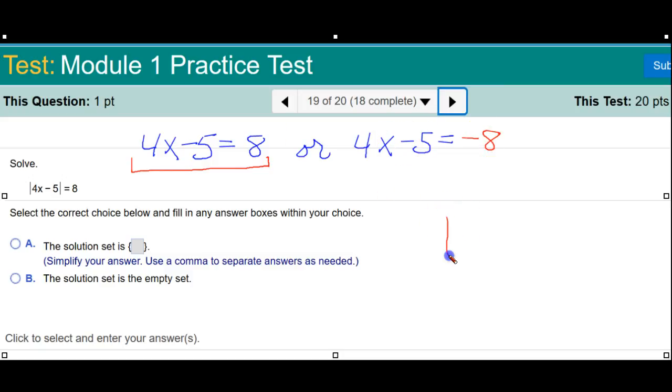And the tricky part is if you had something like this, absolute value of 4x minus 5 equals initially a negative 8. There is no solution for that if initially with the absolute signs there's a negative 8 there. So that would be an empty set. But that's not what we have here. So you're just going to solve that, put your answers in here, separate them with commas.